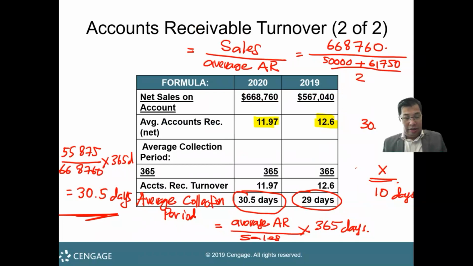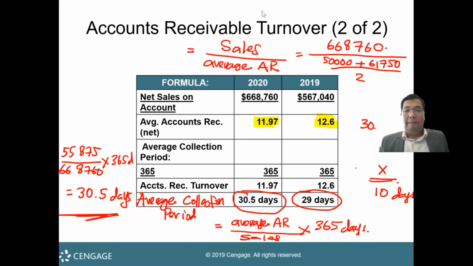I'm holding my calculator now. 50,000 plus 61,750, you get 111,750, and then divide by 2. You get 55,875. This is the average account receivable.